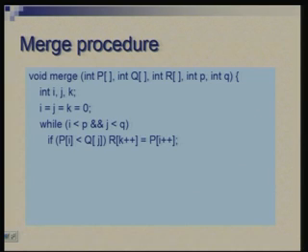So, we are creating a sorted array in ascending order. So, if P[i] is less than Q[j], you transfer one element from P to R, otherwise transfer one element from Q to R. Okay, and also take care of updation of the indices.